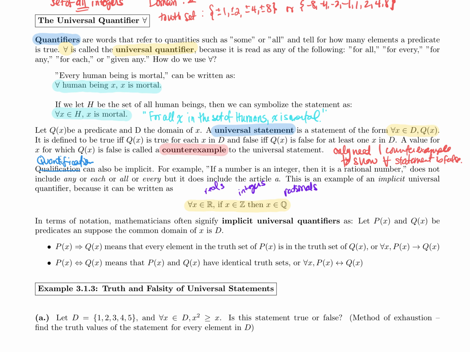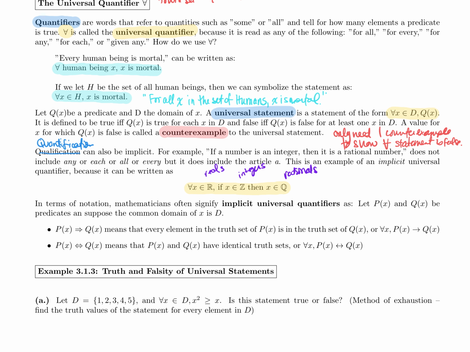So oftentimes, if we need to do implicit quantification, we'll just use an arrow, right? So in terms of notation, we often signify implicit universal quantifiers as follows.